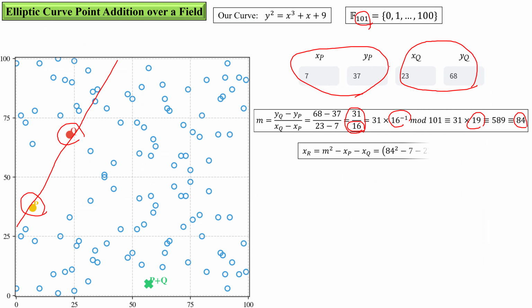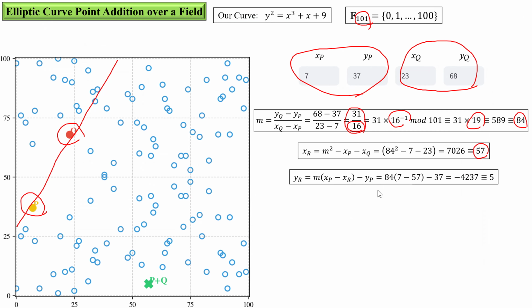Okay, we follow the formula again to compute x of r, which is x of p plus q. The formula says that finally the x value would be 57 and the y coordinate, based on the formula, equals 5.